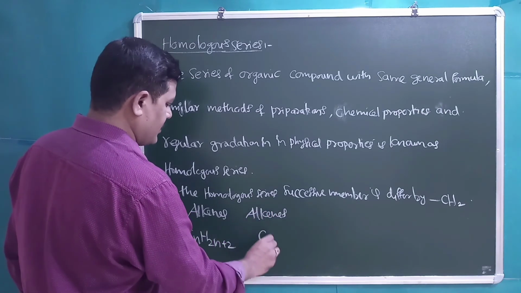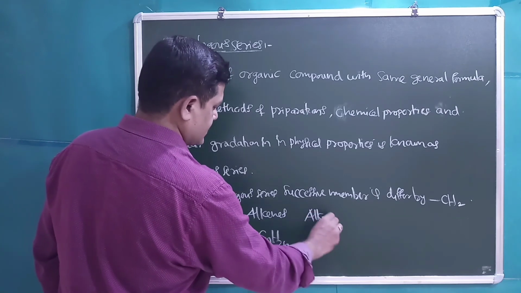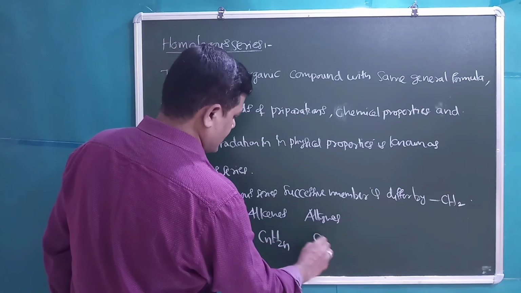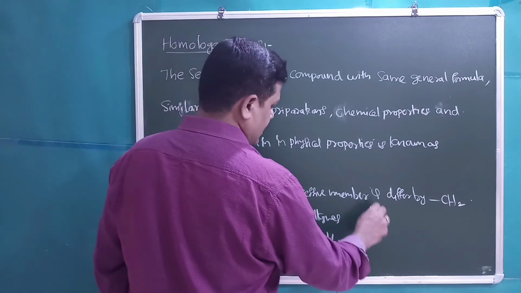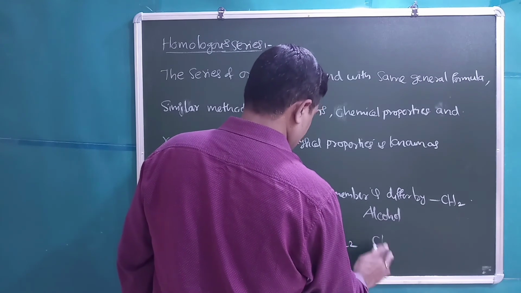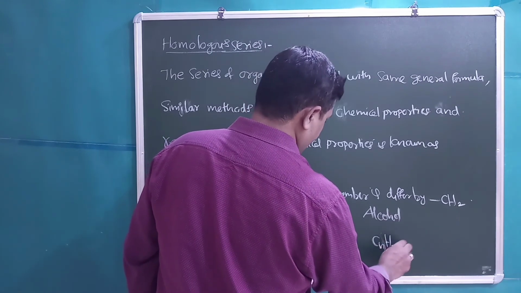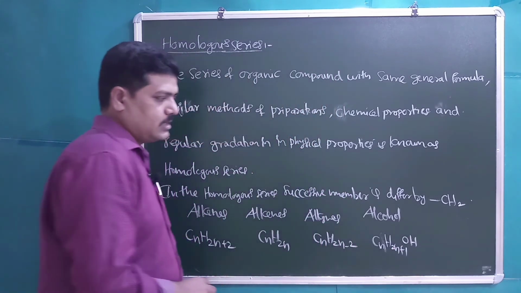Alkenes, general formula CnH2n. Alkynes, which have general formula CnH2n-2. If it is alcohol, the general formula is CnH2n+1OH.